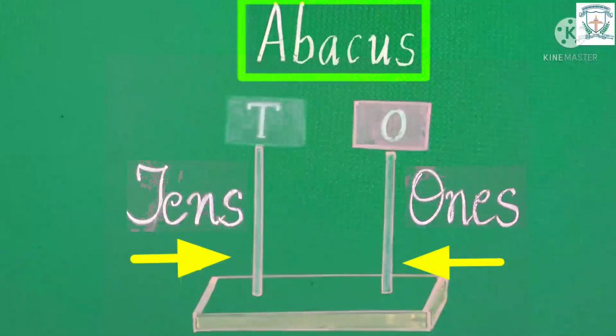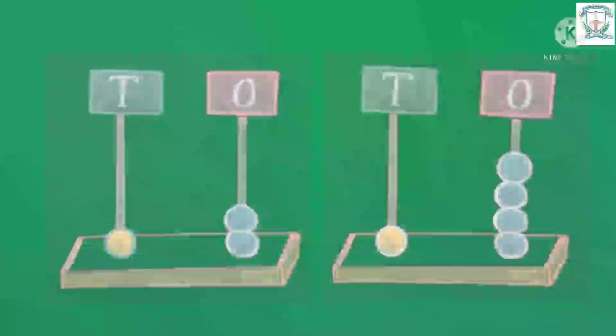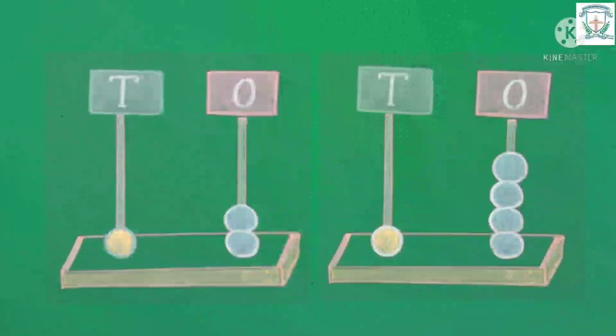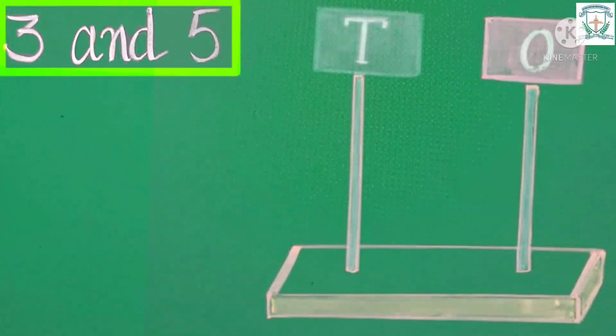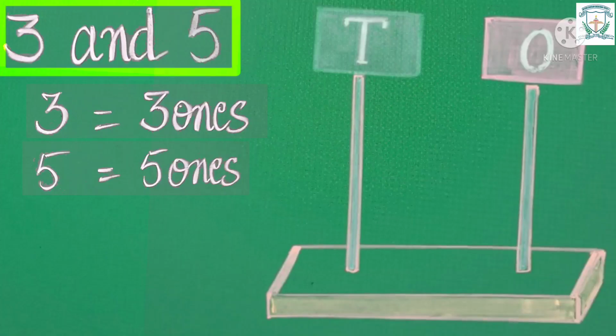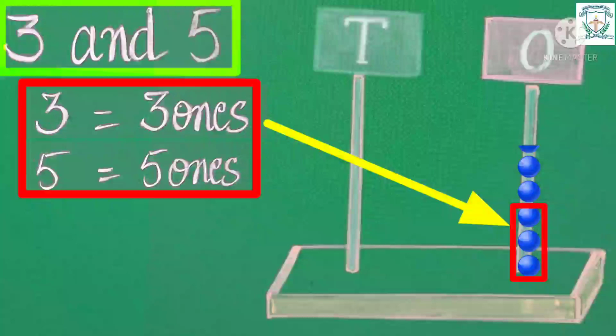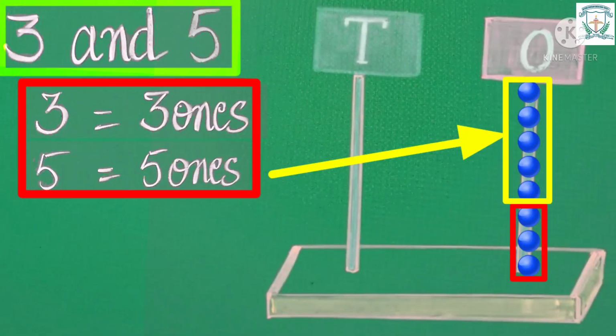Let us learn how to add the numbers on the abacus. We can add the numbers by drawing beads on the abacus. Let us add 3 and 5 on the abacus. We know that 3 is equal to 3 ones, 5 is equal to 5 ones. So, we add 3 beads on the one spike and 5 beads on the one spike.